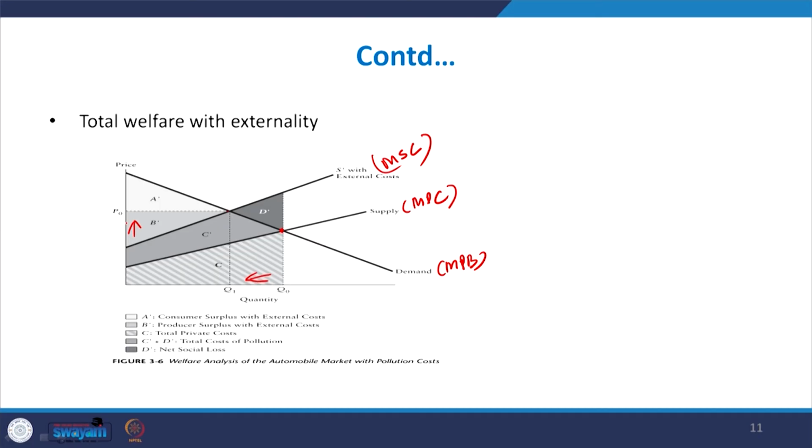Okay, so that is all about consumer surplus and producer surplus. Let me briefly conclude what I have discussed in this lecture. I explained the two concepts, consumer surplus and producer surplus.